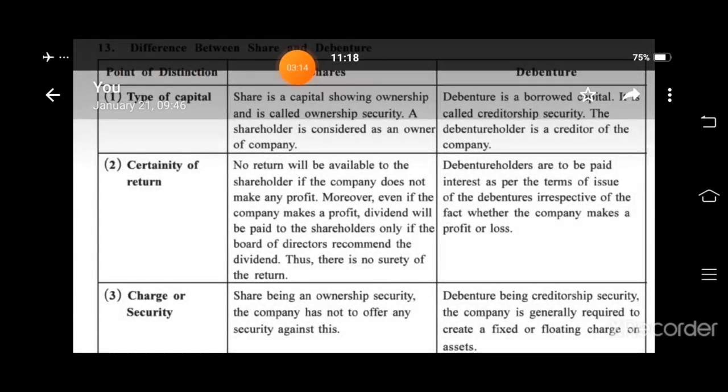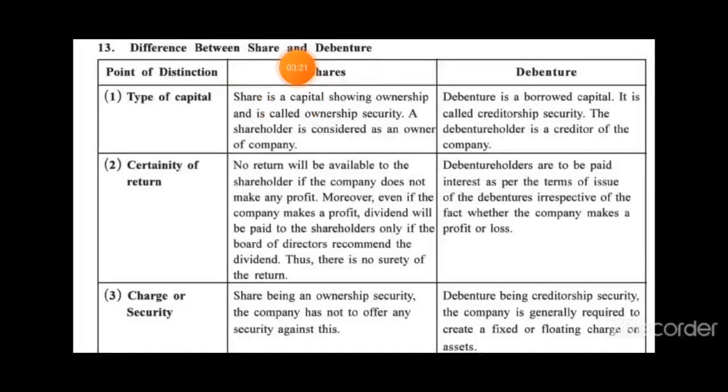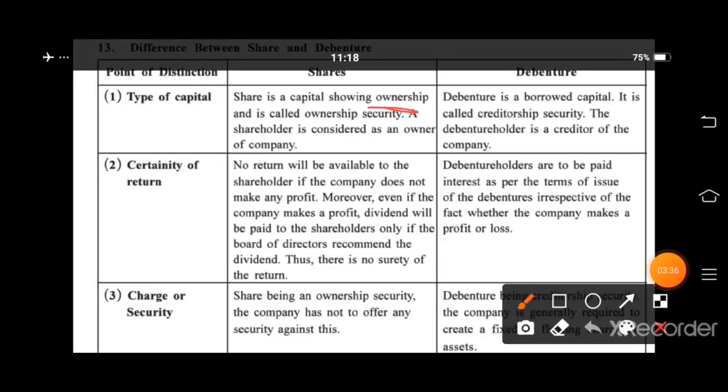Now, students, here is the difference between shares and debenture. Types of capital. Share is a capital showing ownership, and it is called ownership security.